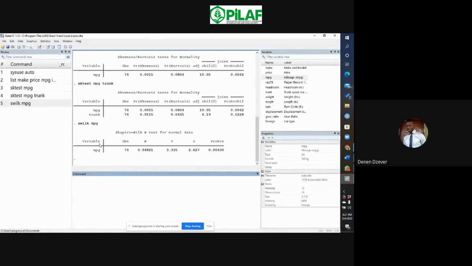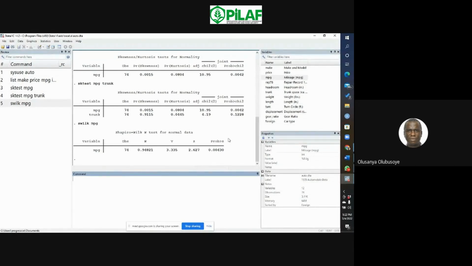Excuse me, Prof. What is the range of the alpha value, sir? Okay, everybody, if you have your paper with you, just write something down. Write alpha equals 0.01, comma, 0.05, comma, or 0.10.